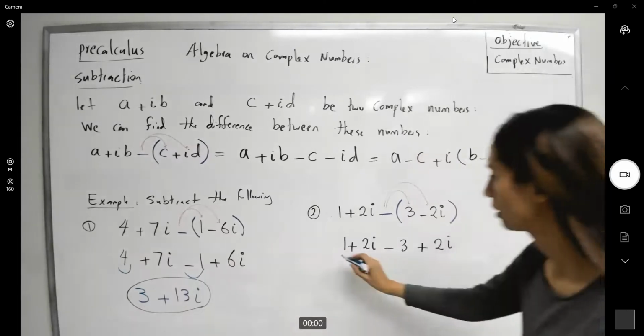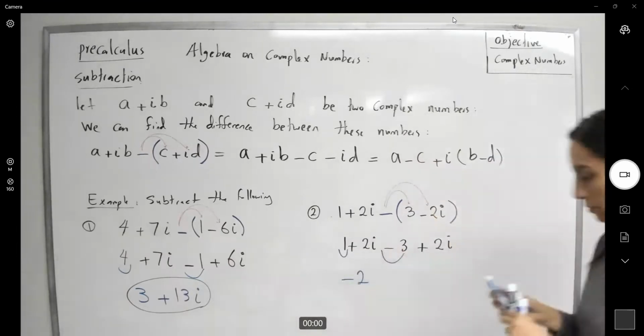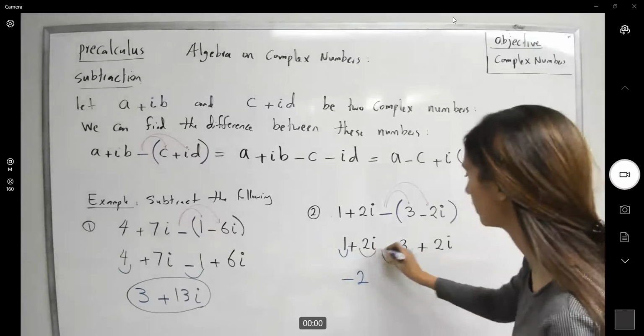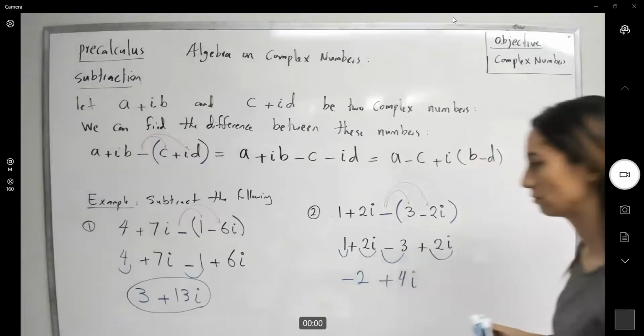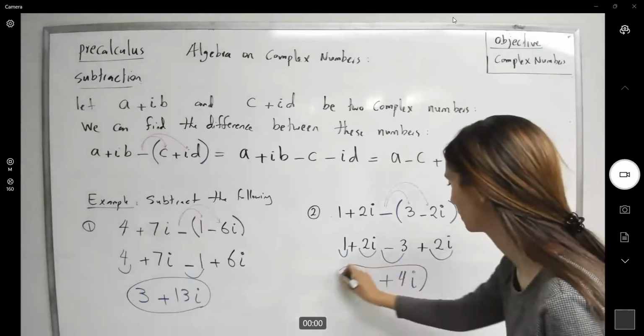Very well. 1 minus 3 is negative 2. 2i plus 2i is 4i. This is our final answer, subtraction.